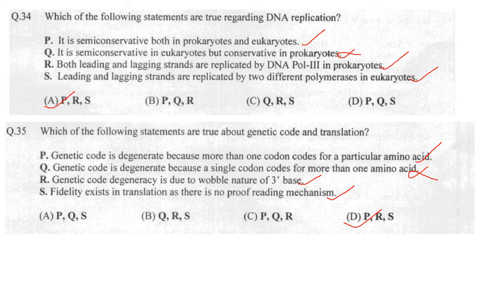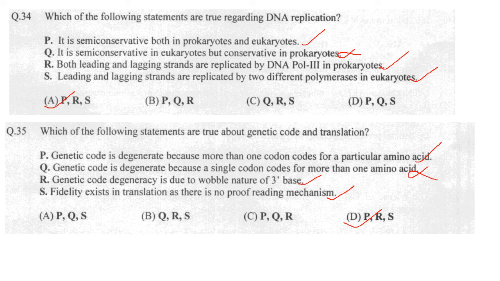Which of the following statements are true about genetic code and translation? Genetic code is degenerate because more than one codon codes for a particular amino acid. Okay, they have asked for true. So this is correct. Next one. Genetic code is degenerate because a single codon codes for more than one amino acid.